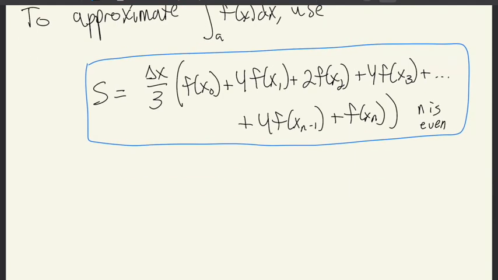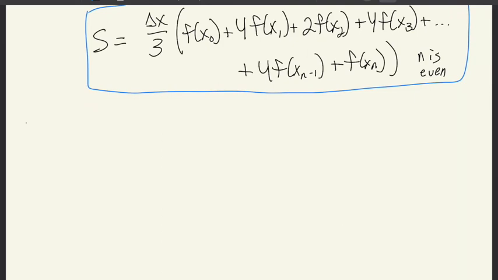And n is even. So you're just going to have f of x0 plus f of xn, the endpoints, and then you alternate 4, 2, 4, 2, 4 until you're done.